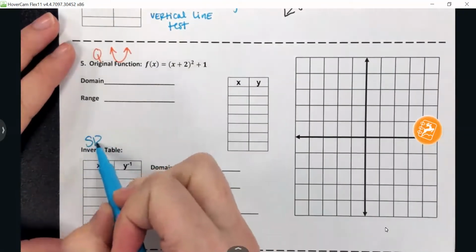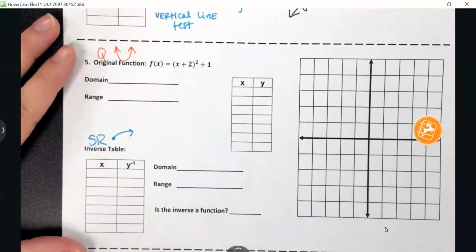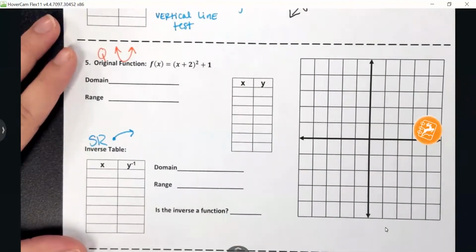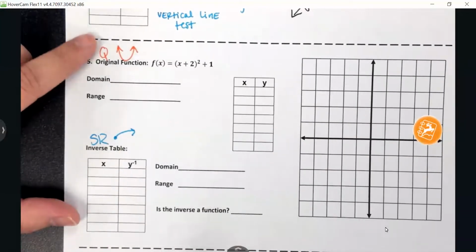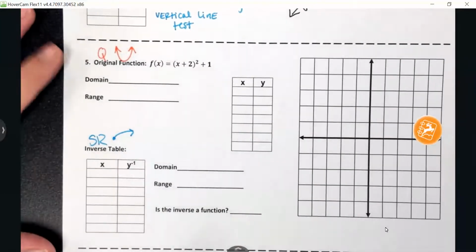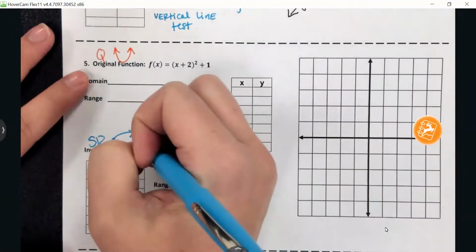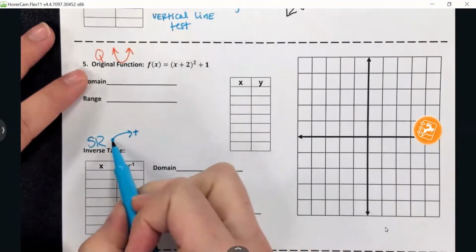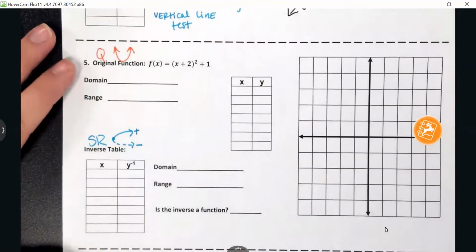A square root, and a square root is half of a parabola. How do I make my square root look like my original? What can I do to it? I can add another half. This right here is the positive half, and I can add a negative half.